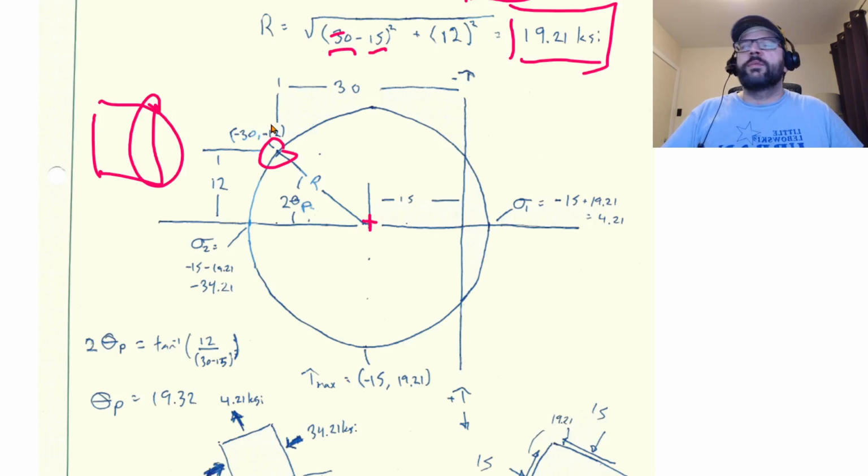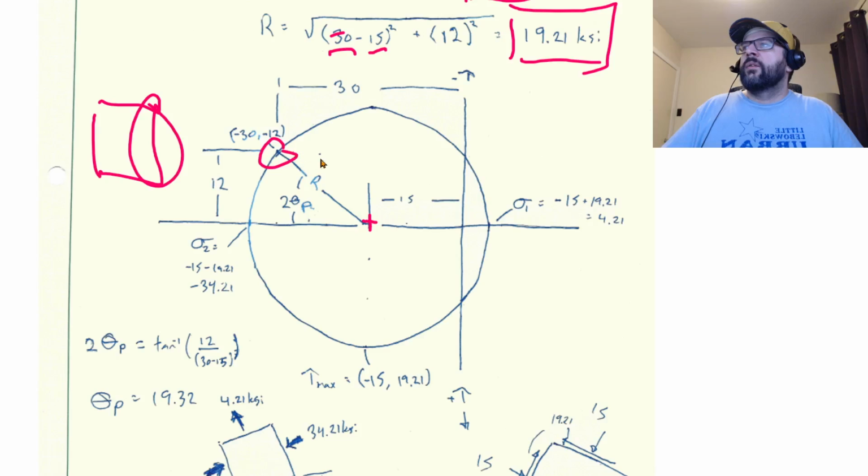And then for the maximum shear, that's going to be a cube that has a negative 15 ksi compression on all four faces, and also on all four faces, 19.21 ksi of shear stress. But what orientation are we looking at here? We need to rotate our orientation to get to the spot we're looking at, and the amount that we rotate needs to be half of the amount that we rotate on the circle.